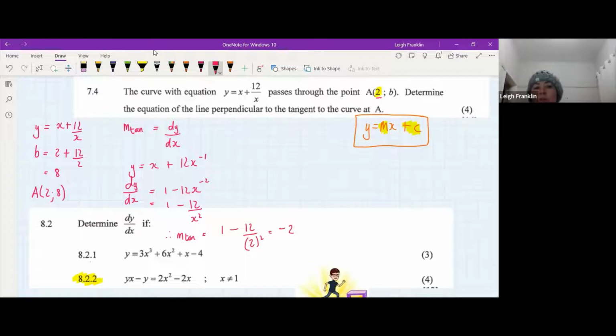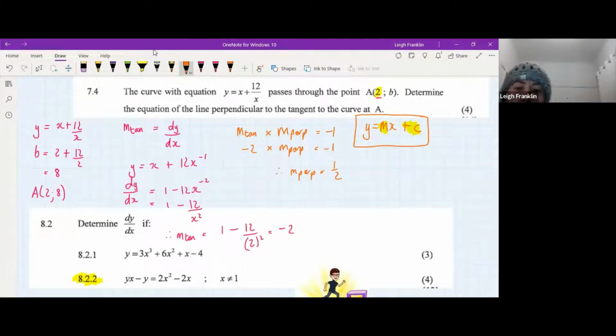The gradient of the line that is perpendicular to the tangent, remember, the gradient of the tangent times the gradient of the perpendicular gives us -1. So if the gradient of the tangent is -2, the gradient of the perpendicular will have to be 1 over 2.